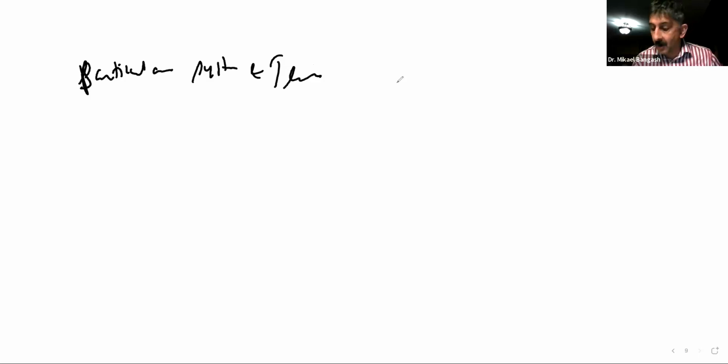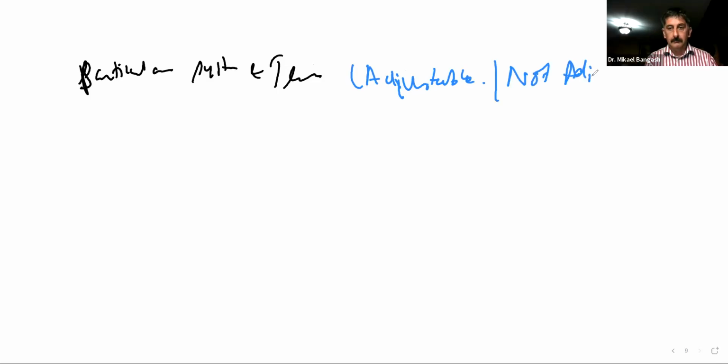So which of these following parameters can be changed and which cannot be changed? It's indirectly asking, are these parameters adjustable, or are they not adjustable?